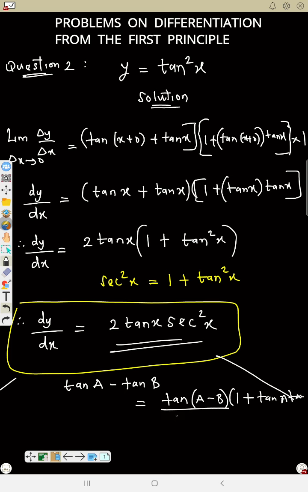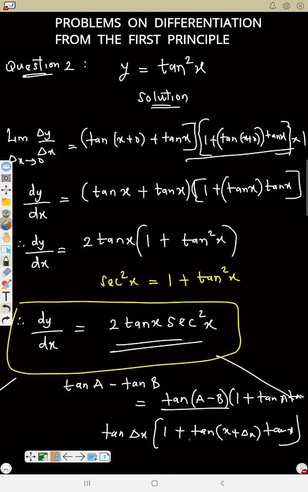So tan a minus b, that one gave us tan ds. Then into 1 plus tan s plus ds tan s. I'm trying to record this part now. Do you see? That will be tan ds, 1 plus tan s plus ds tan s.